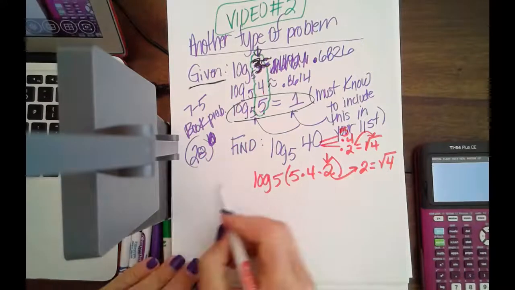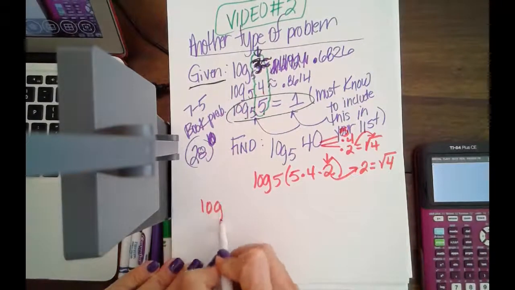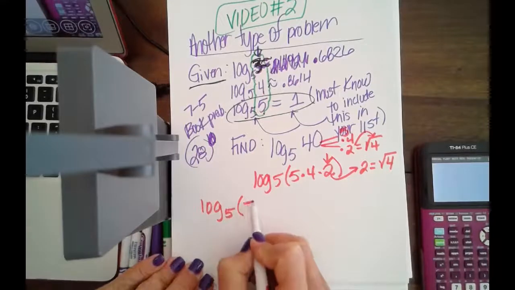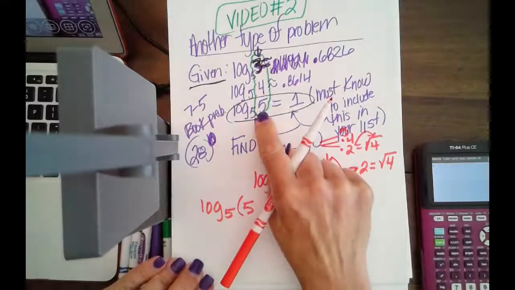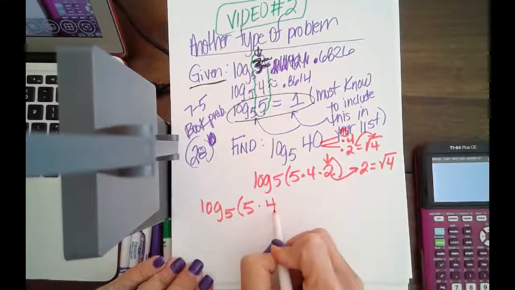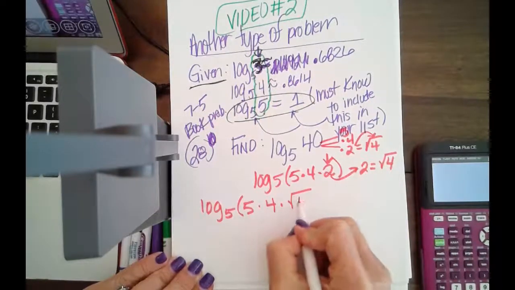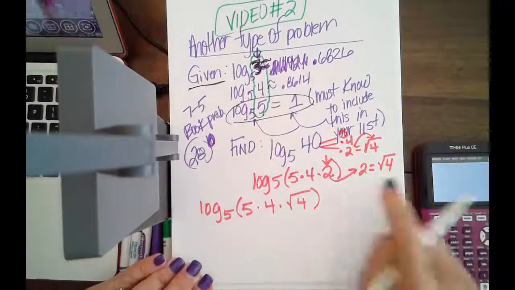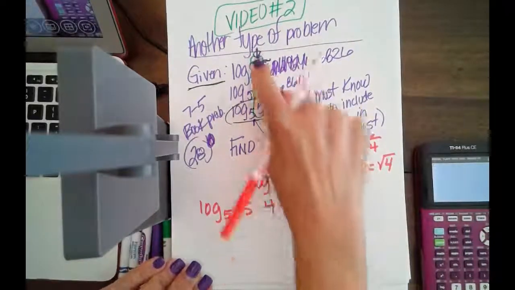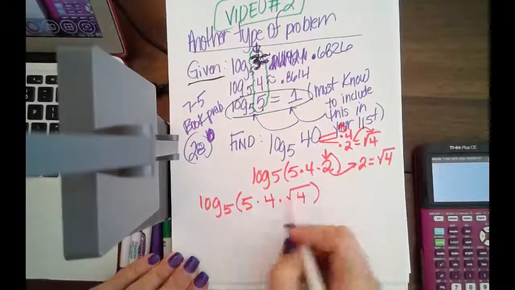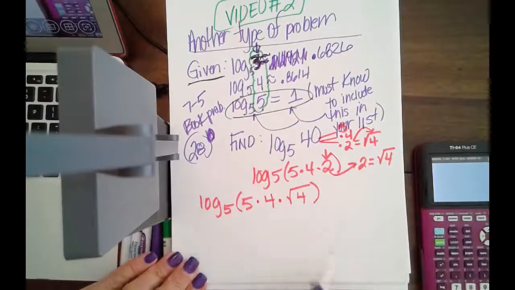So here's what we've got now. Log base 5, factors 5, meaningful because I've got that, times 4, meaningful because I've got that, times the square root of 4, and that's going to give me the 2 that I need. Okay, I don't have a 2 up here, but I can create one. So now that's multiplied, which means we're going to separate them out by addition.